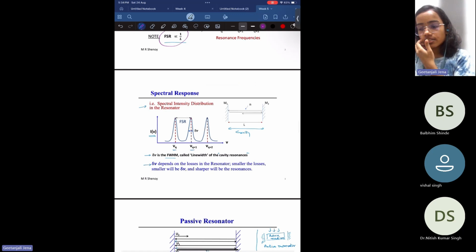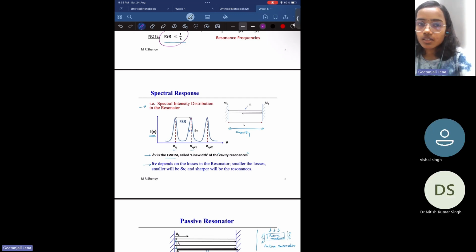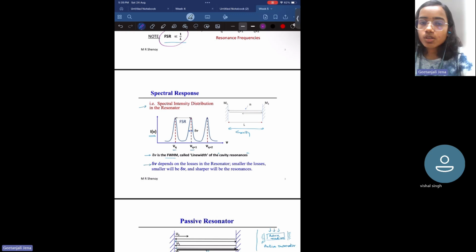And the spectral response, that is the intensity profile as a function of frequency, has a line width around the resonance frequency. This line width is due to the resonator loss. Because of some losses in the resonator, we see a spreading of the pattern here.